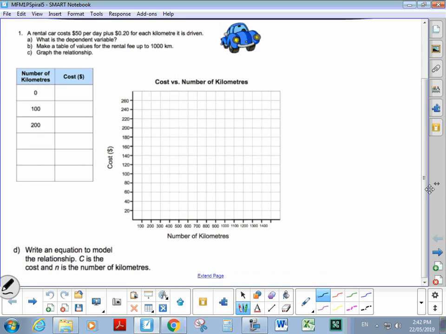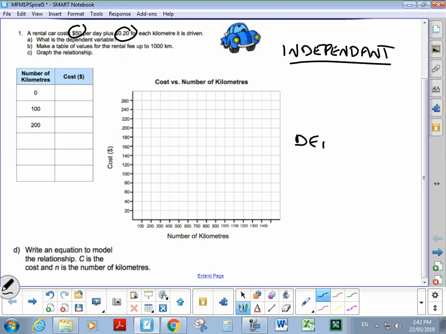The first example: a rental car costs $50 per day and an additional 20 cents for every kilometer you drive. The first question is, what is the dependent variable? Remember, we have two types of variables: independent and dependent. Independent is what you can control.